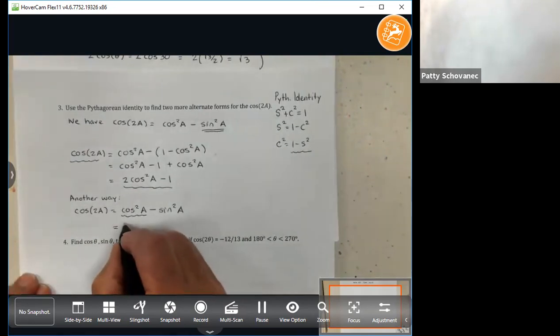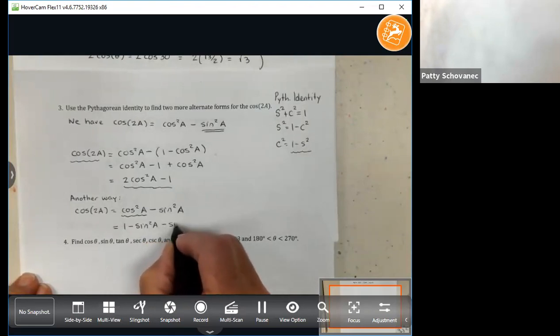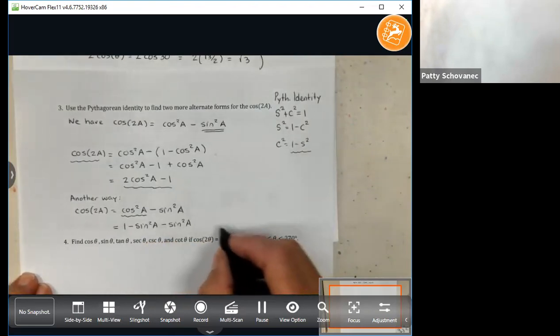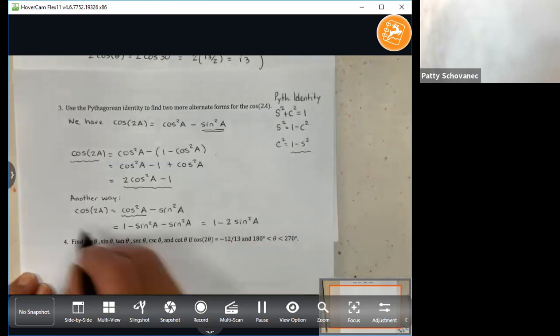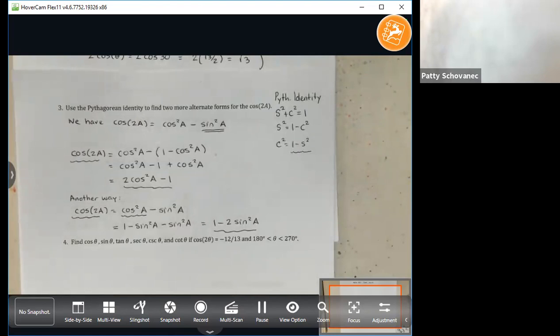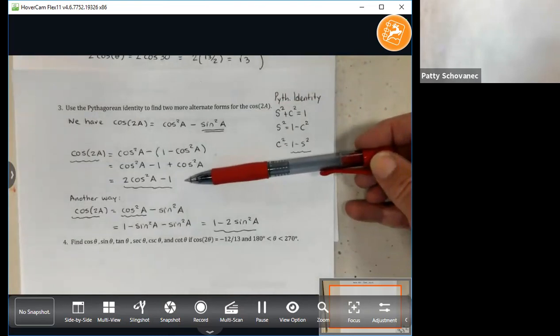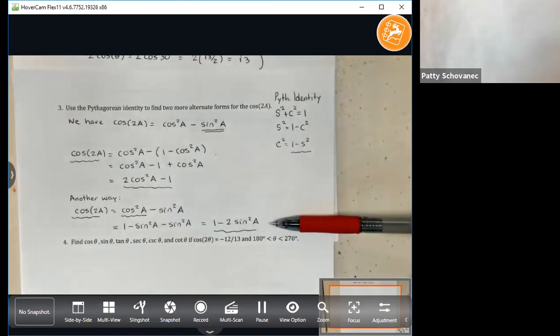And we'll get 1 minus sine squared of A minus the given sine squared of A. And that's going to simplify to 1 minus 2 sine squared of A. Three versions of the identity for cosine of 2A. Cosine of 2A is cosine squared minus sine squared. Cosine of 2A is 2 cosine squared minus 1. Cosine of 2A is 1 minus 2 sine squared of A.